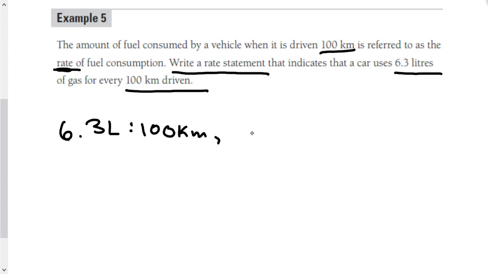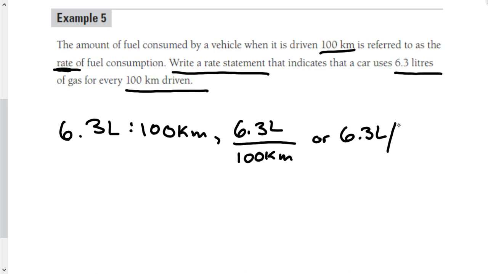This changes to also 6.3 liters over 100 kilometers, or as we see it usually in our cars, per 100K. So it should be written in any of these 3 forms.